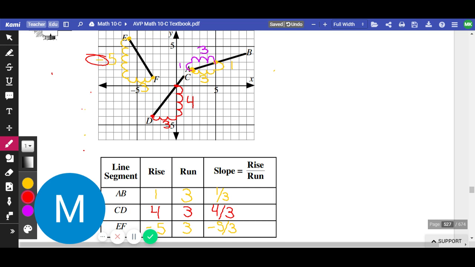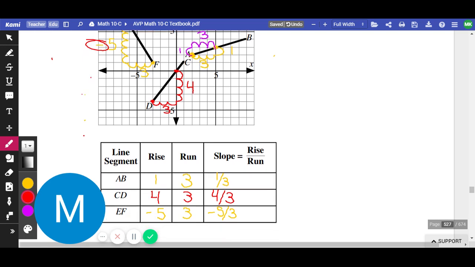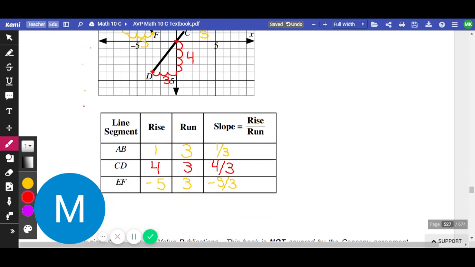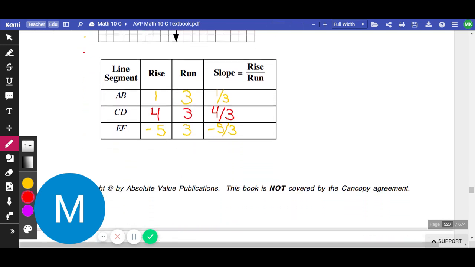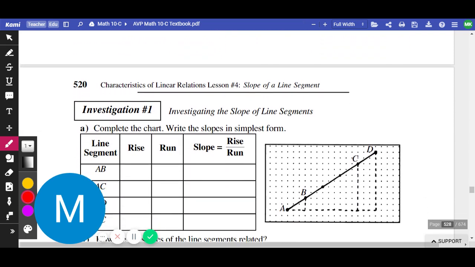Make sense? Go from the left point to the right point. If I have to go down, it's negative rise, positive run. Once I got my rise over run, it's negative 5 over 3. And that would be my final calculation. That's slope. So rise over run works best with pictures, in my opinion.